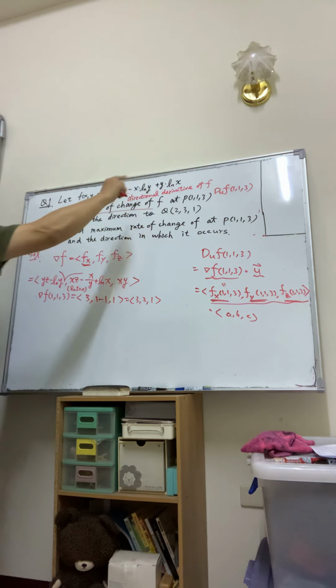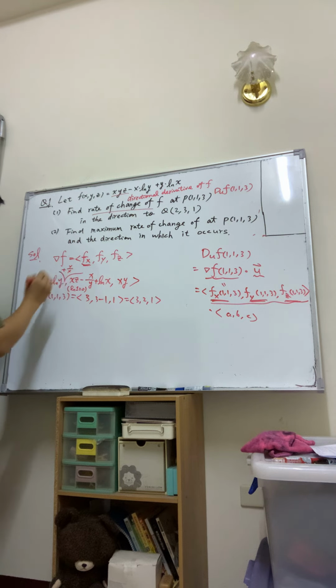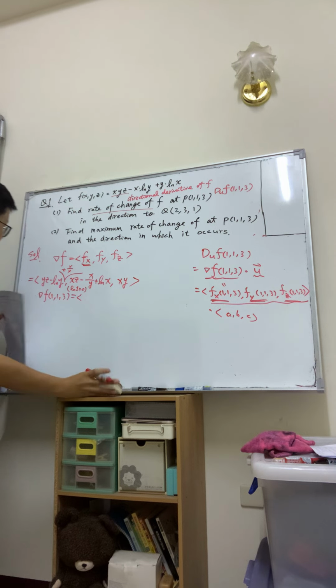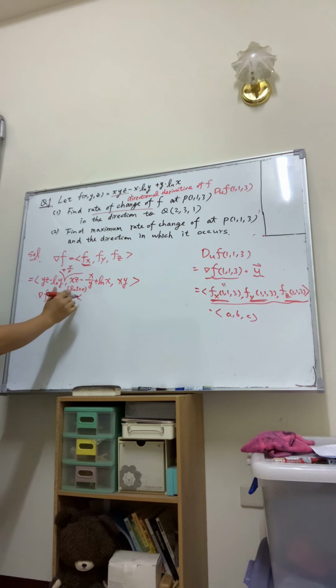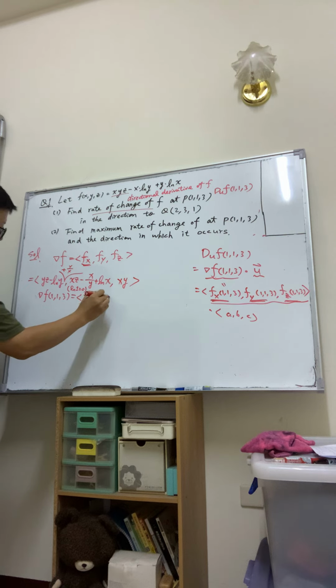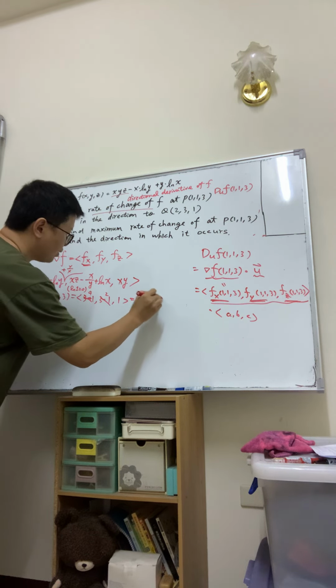Natural log x's derivative is 1 over x, so we should plus y times 1 over x, y over x, this one. So 3 subtract natural log of 1 is 0, but we should plus 1. And here is 3 subtract 1 plus 0. And here is 1, this one. So the gradient vector is 4, 2, 1.